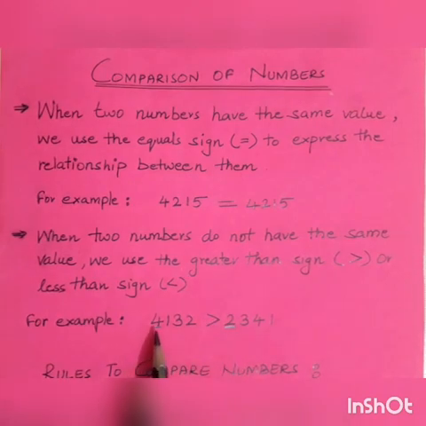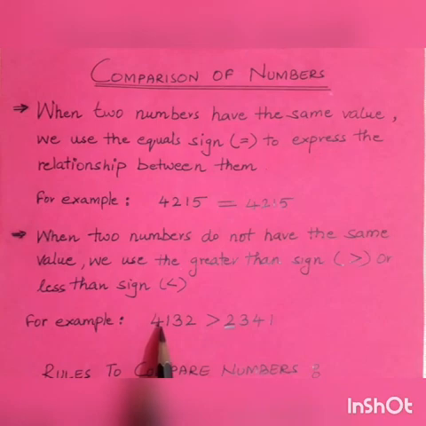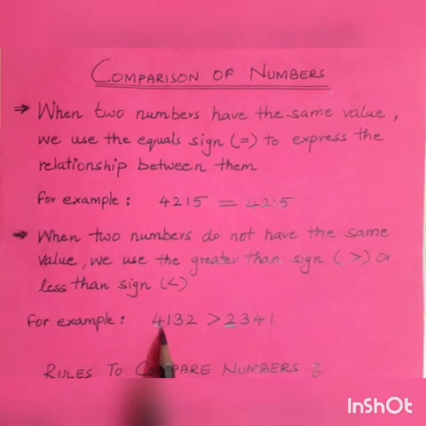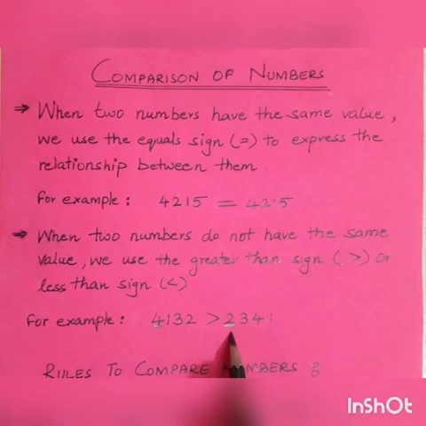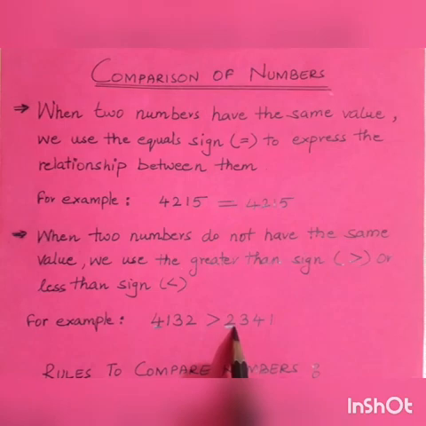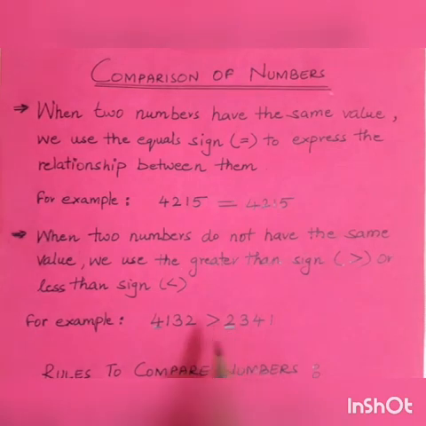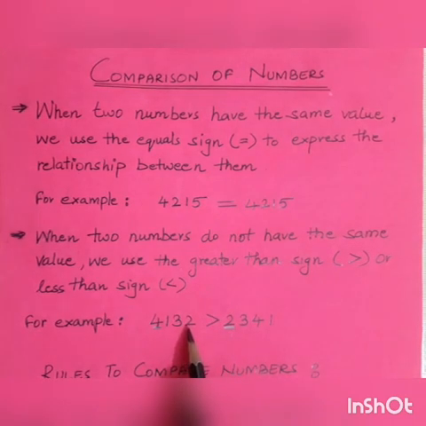So when we compare the thousands digit in both the numbers, here we can see that in the first one the digit at the thousands place is 4, whereas on the other side the digit at the thousands place is 2, and we know that 4 is greater than 2. So the mouth of the crocodile will remain open towards the number that has got 4 at its thousands place.